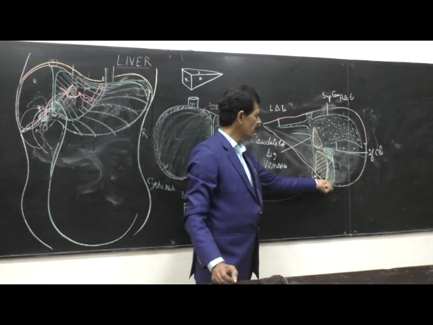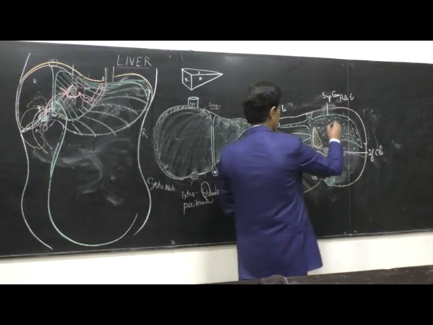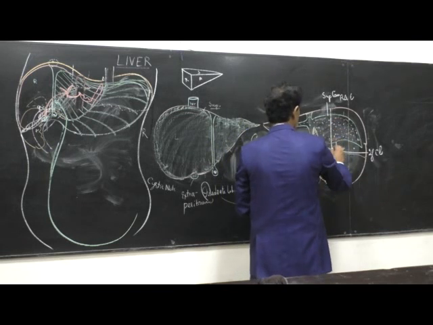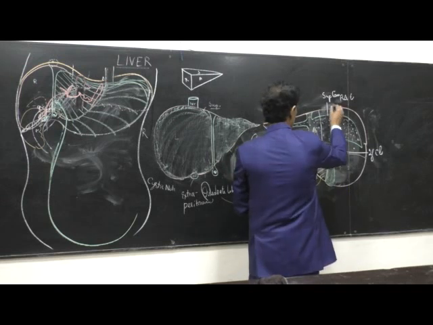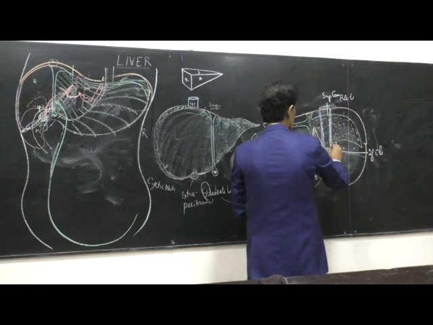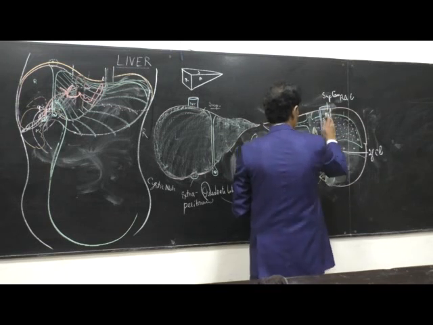Similarly, opposite to the groove for the gallbladder, on the posterior surface of the liver, here lies the groove for the inferior vena cava. So the inferior vena cava lies inside the groove and it is incarcerated in the substance of the liver, and the liver is flushed with the inferior vena cava.